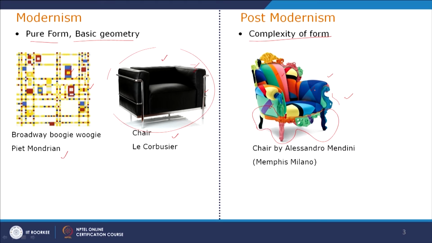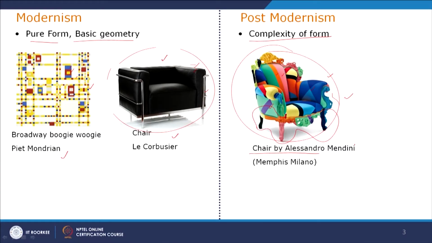This looks like a classical chair, but the color is very jazzy, which is related to the contemporary postmodern pop movement, which we will discuss later. The color is contemporary, and the shape is inspired from classical, though not exactly classical.